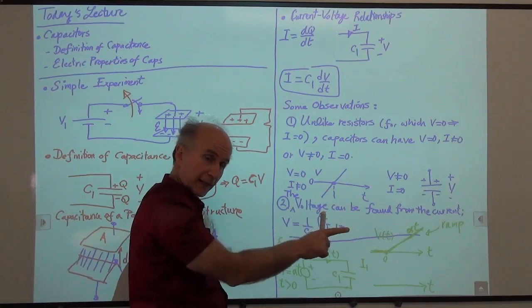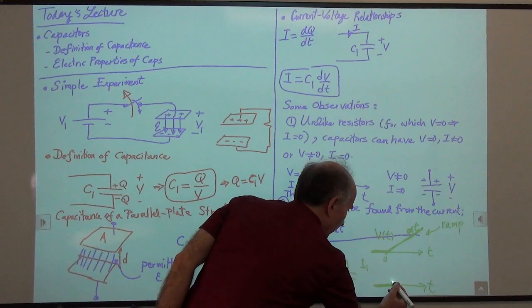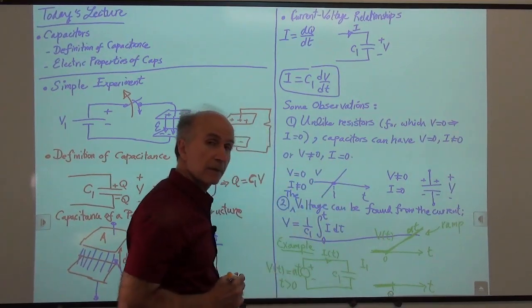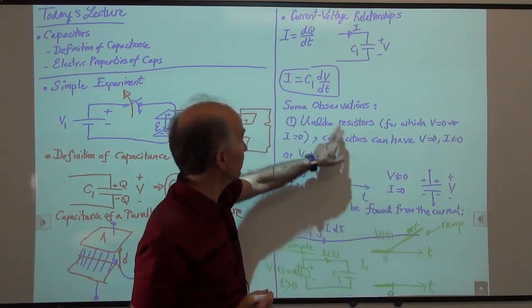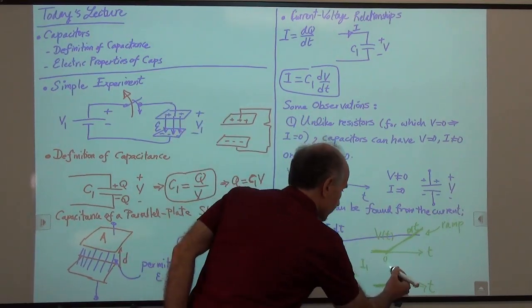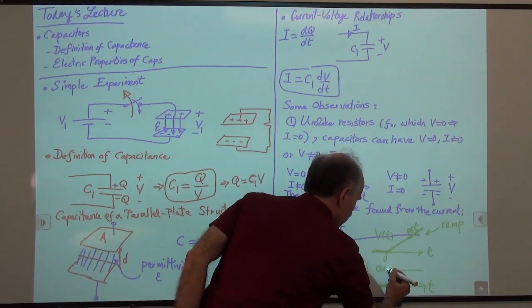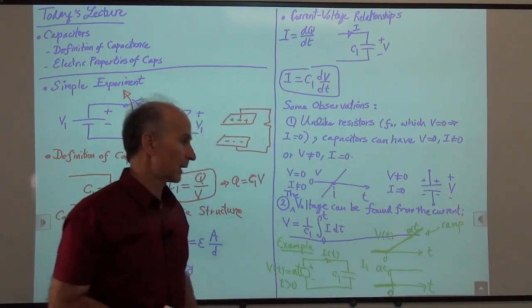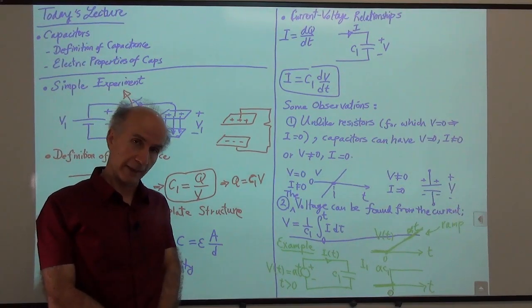The voltage is flat, so we don't have a current. And then beyond time 0, what happens? Beyond time 0, we have alpha for this derivative times C1. So it's just a constant value, and it goes like this. So that's alpha C1. That's the current through the capacitor as a function of time.